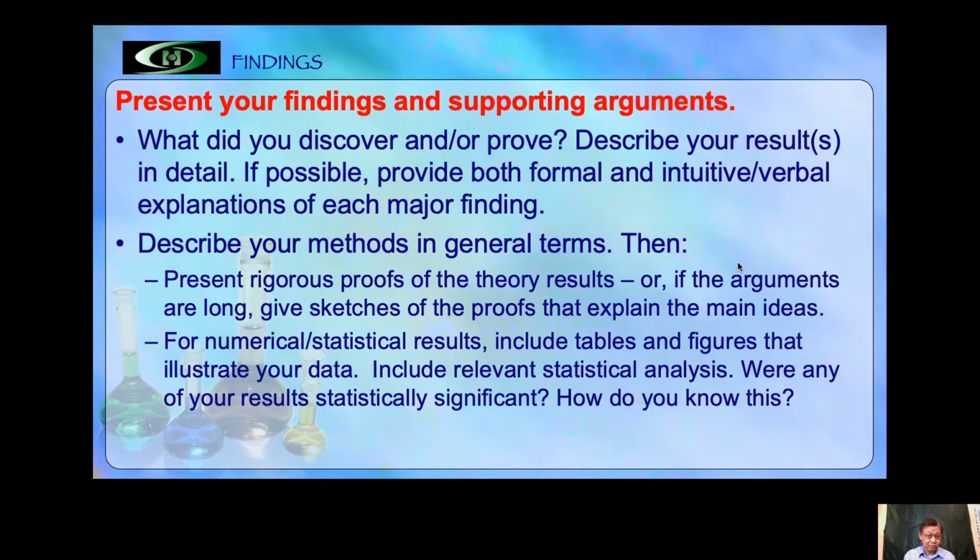What did you find out? Okay, and this is where you present those. Basically, this is your data and results page, but you're going to label it as findings. What did you find out about your research?